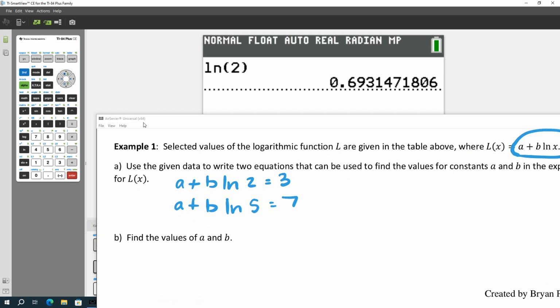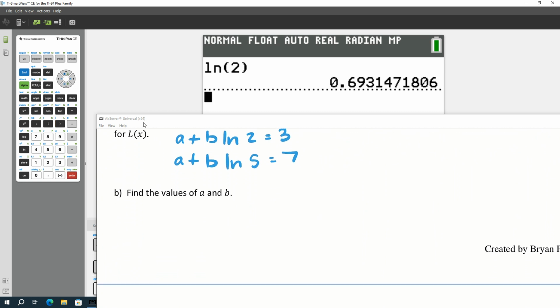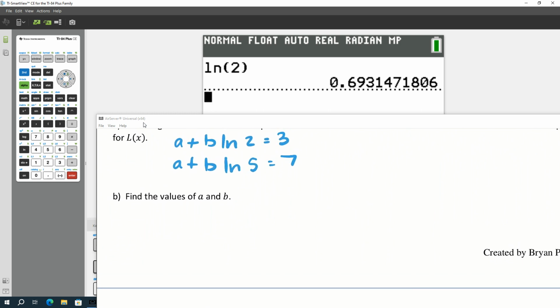All right, so that is what the natural log of 2 is. So what I'm going to do in part B is go ahead and replace natural log of 2 with that number. That number is the coefficient of B. Now I'm just going to go to a bunch of decimal places. We only want to round once whenever we're doing these types of problems.